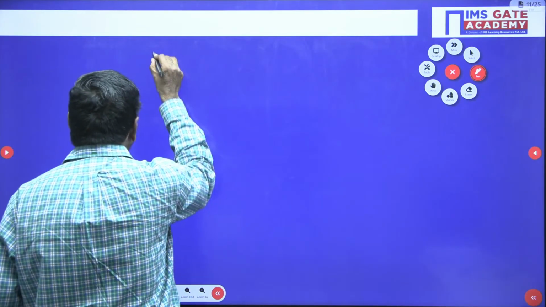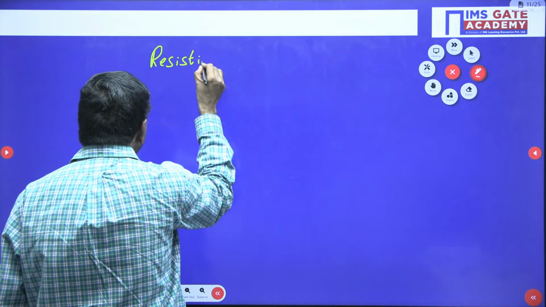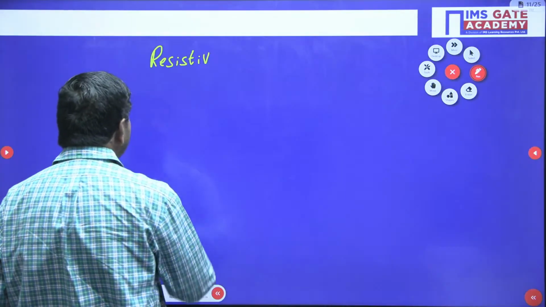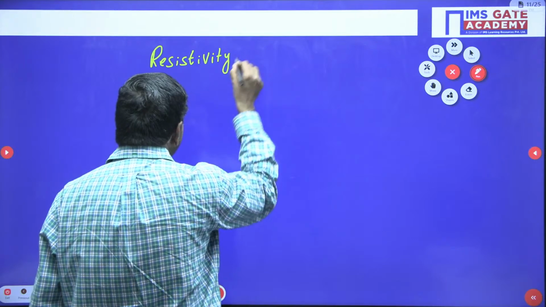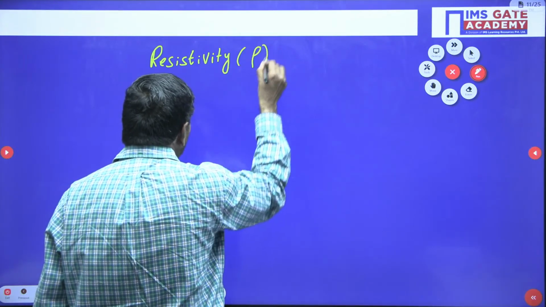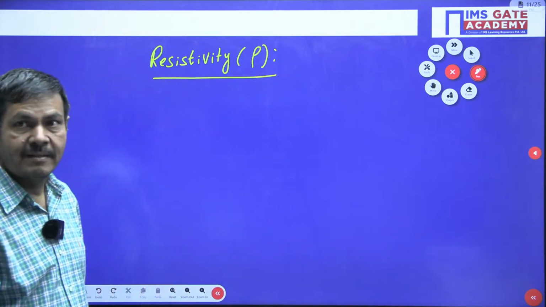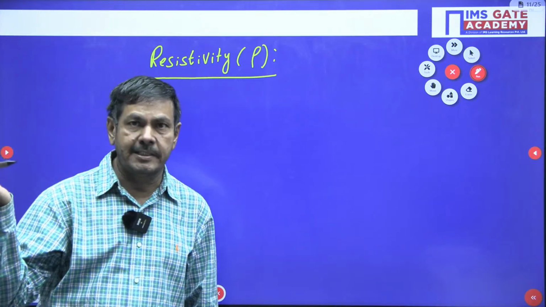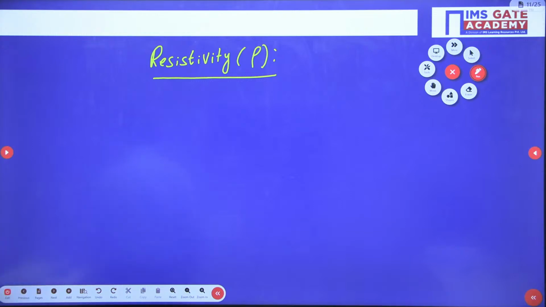Resistivity is given the symbol rho. But resistivity means it is the reciprocal of the conductivity. Reciprocal of conductivity is called what?